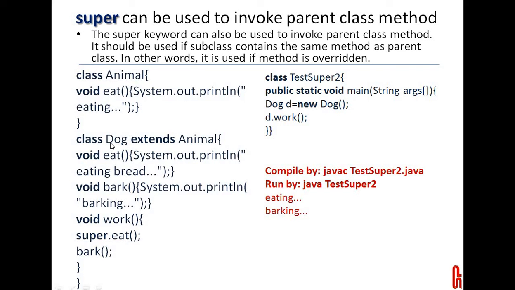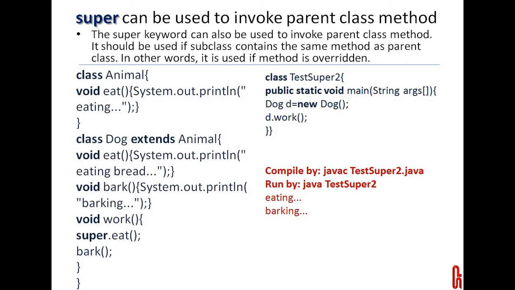So the immediate superclass of the Dog class is Animal. So super.eat will invoke the eat method of the Animal class, so that will display eating. The next statement in the work method is bark. There is no super keyword or reference to the parent class given, so the local bark method is invoked.